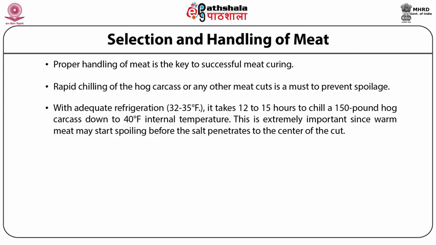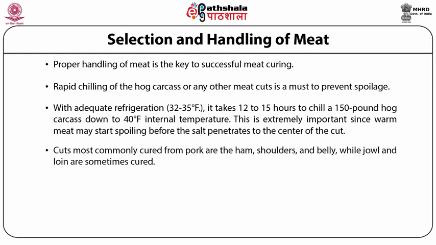This is extremely important since warm meat may start spoiling before the salt penetrates to the center of cut. Ham sour from anaerobic bacteria present in lymph nodes or bone joint may result if the fresh, uncured ham is not chilled below 40 Fahrenheit.